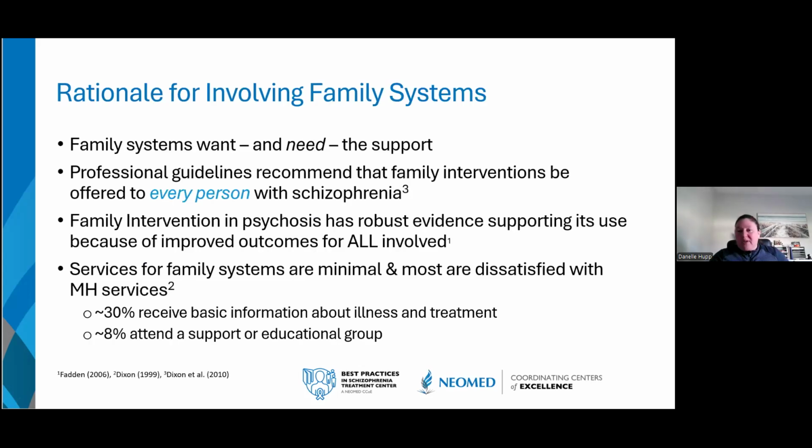So, family systems work. You've heard me talk time and time again about the important role that family systems play. And that holds true for individual clients and individual participants as well, not just when you're doing formal family systems work, because family systems really do want and need the support from clinicians.